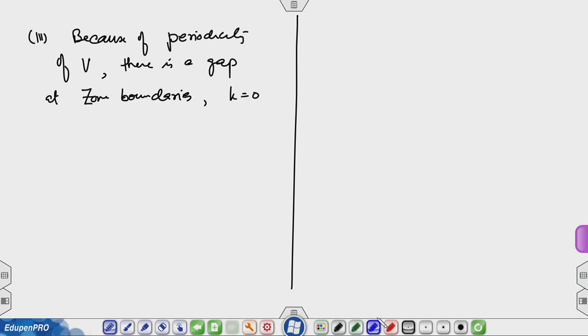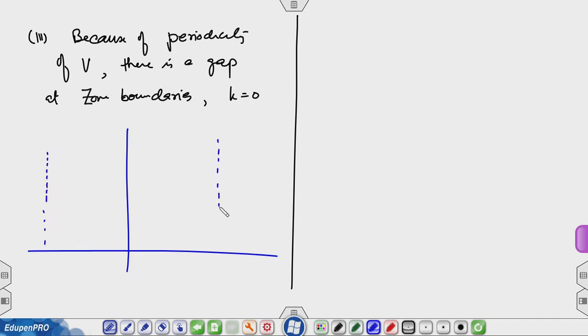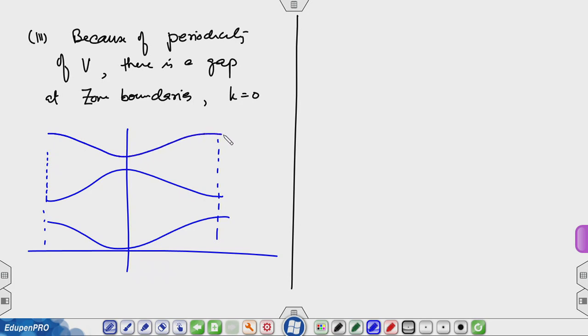So let me just summarize this with a picture, where I will just focus within the first Brillouin zone. You have one band, second band, third band, and so on.